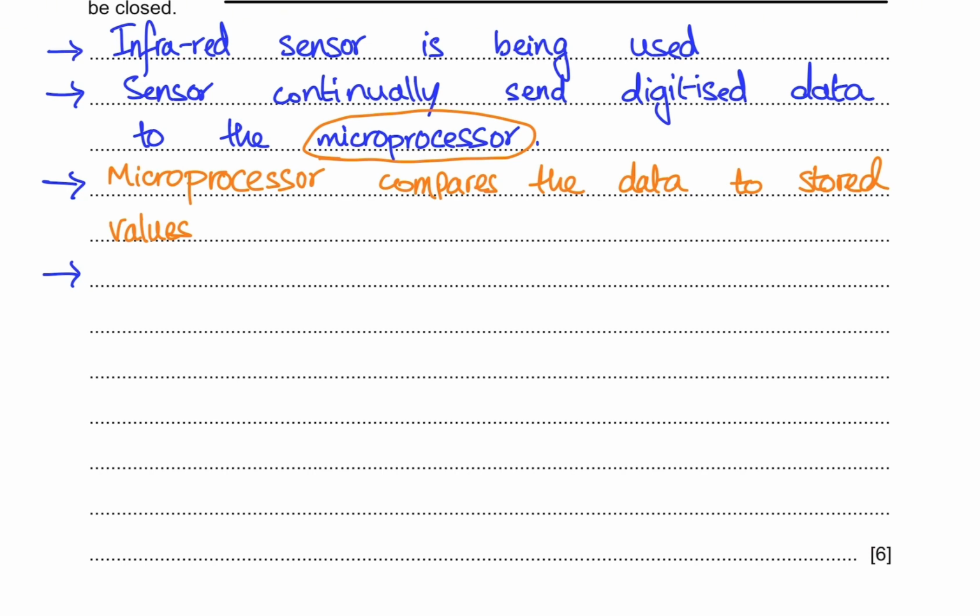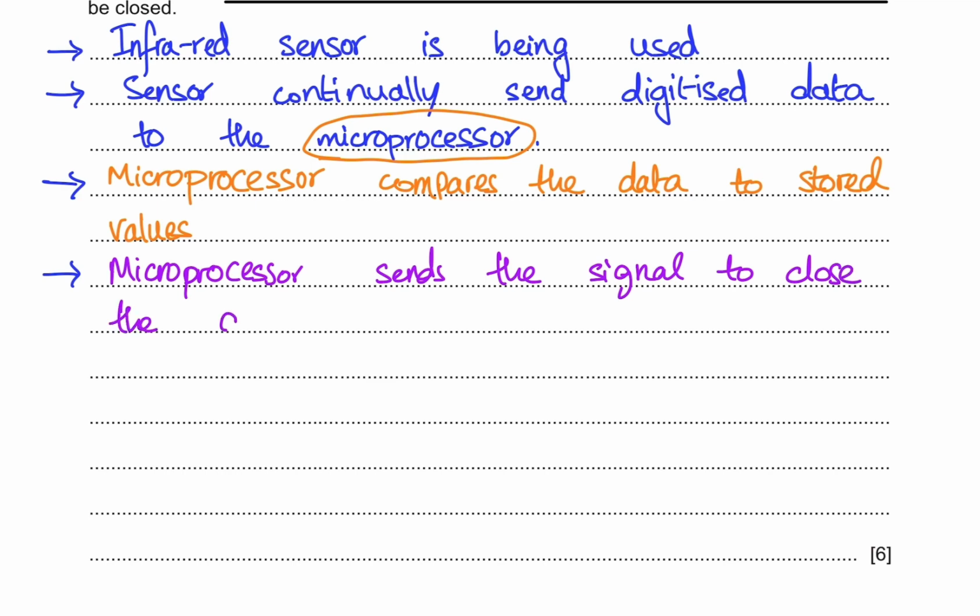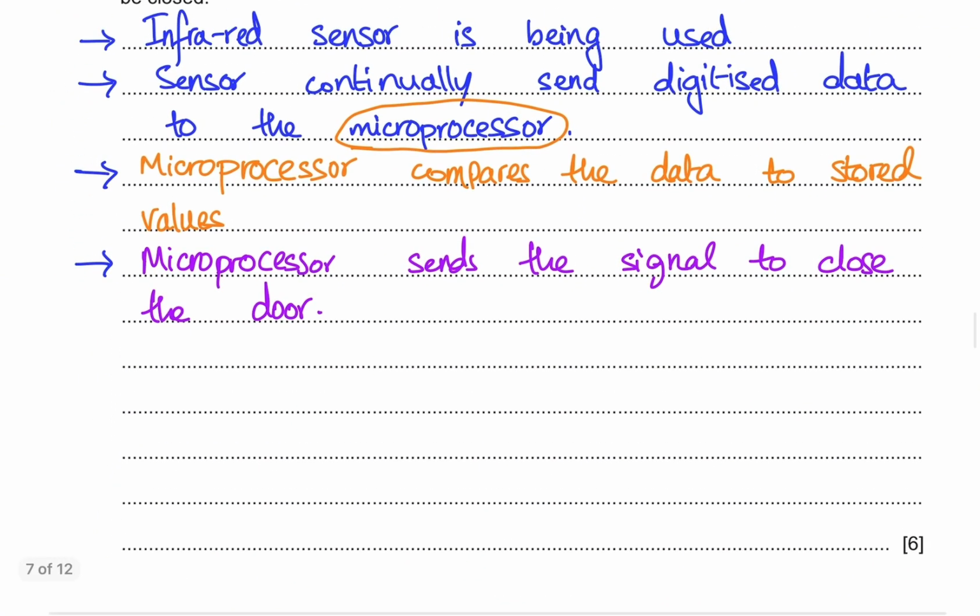If you can write 7, that's fine, but it should relate to the question. The microprocessor compares the data to the stored values, and then the microprocessor sends the signal to close the door.